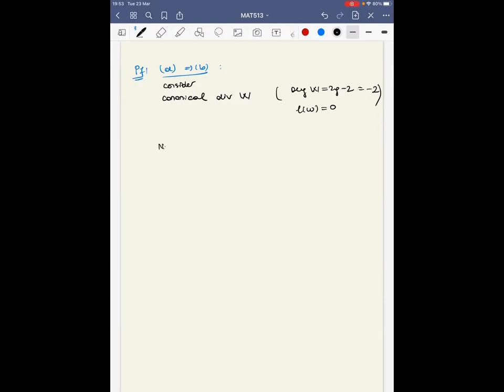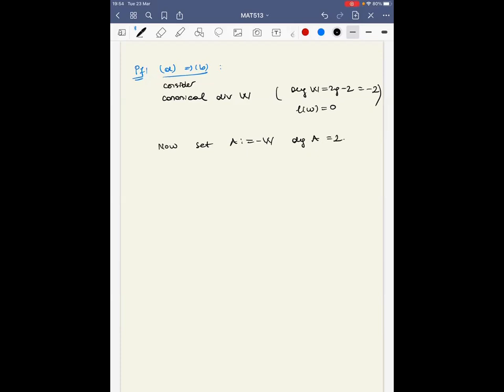And now, if we consider its negative and denote it by A, we can easily see that the degree of A is minus times minus 2.